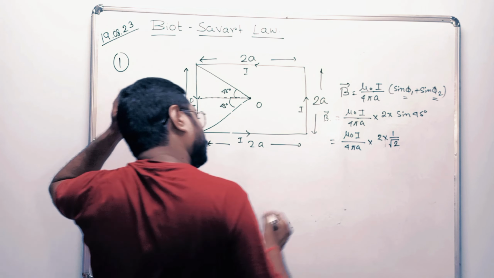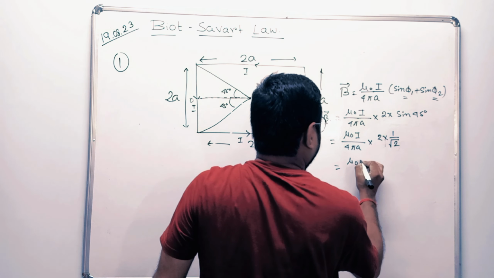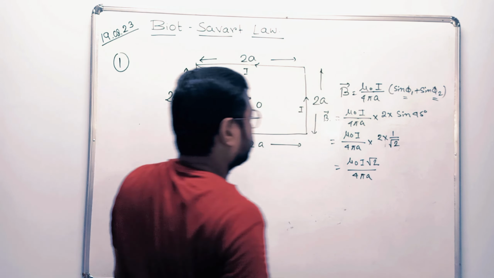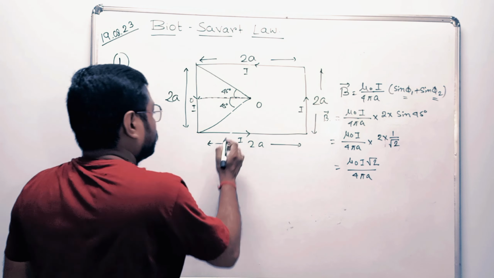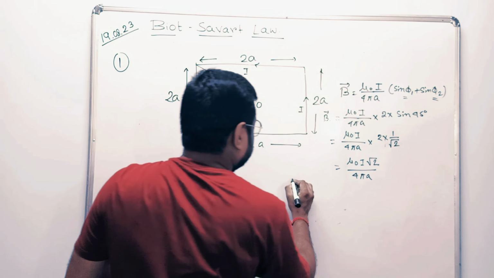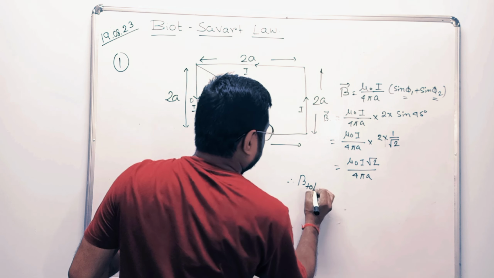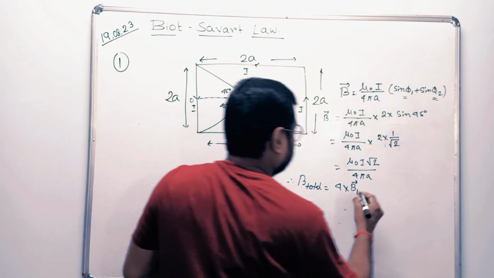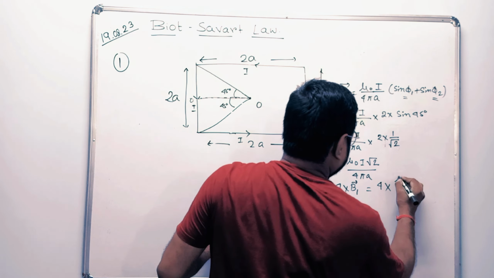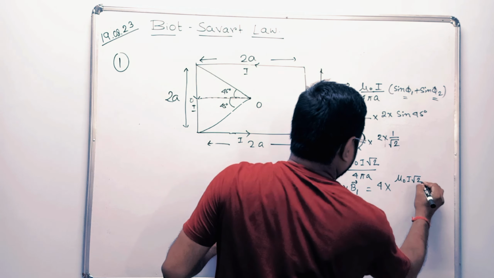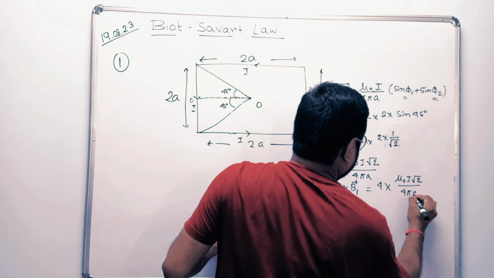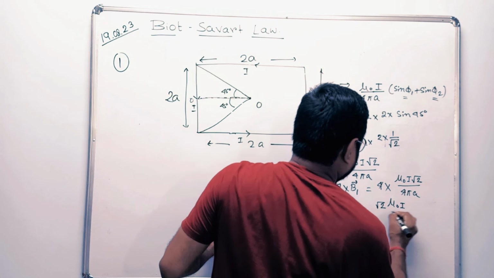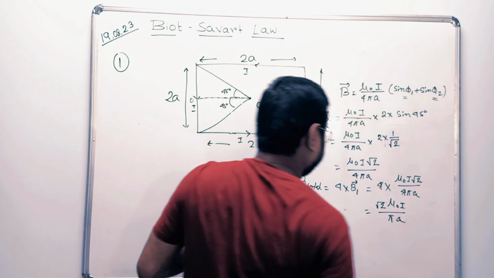So we can get mu naught I root 2 divided by 4 pi a due to one side. So due to 4 sides, the total magnetic field B total is equal to 4 times B1. So we can get 4 multiplied by mu naught I root 2 divided by 4 pi a. 4 will be cancelled out. So we can get root 2 mu naught I divided by pi a. Okay.